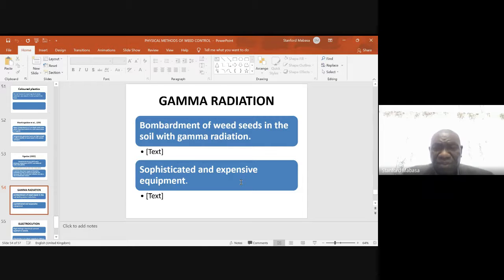Now, we want to talk about gamma radiation. This is the bombardment of weed seeds in the soil using gamma radiation. It's a sophisticated and expensive equipment.